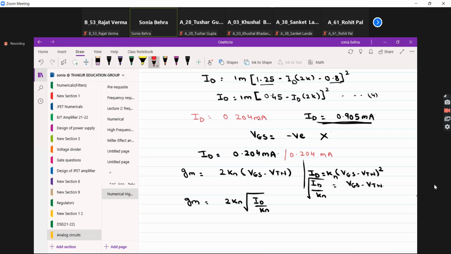You just have to put the value of ID, put the value of Kn, and find out the value of GM. Kn is given as 1 milli, and ID we got is 0.204 milli, so root of 0.204 milli upon 1 milli. Find out. Give me the value of GM. I'm waiting for your answers. Please give me the value.